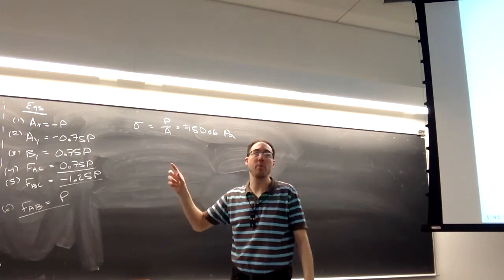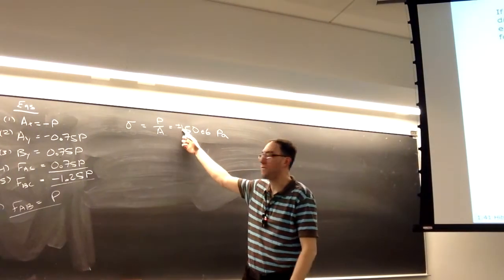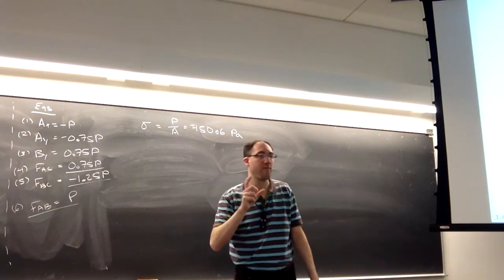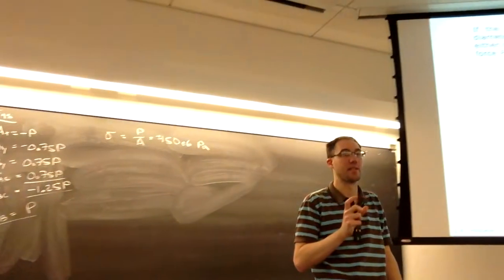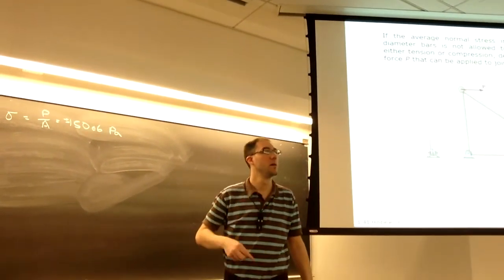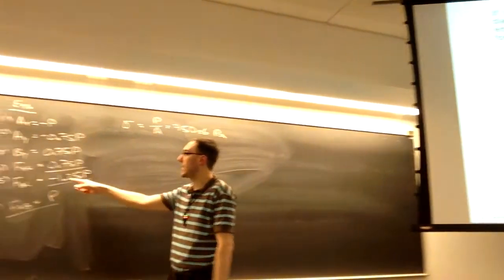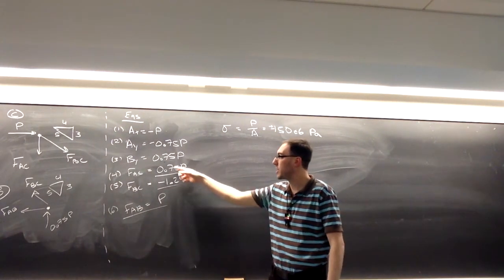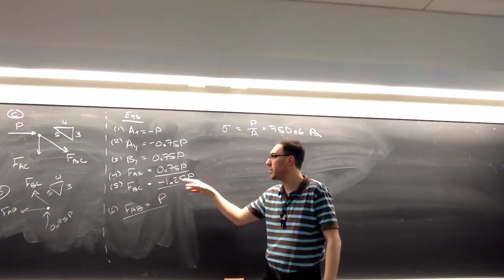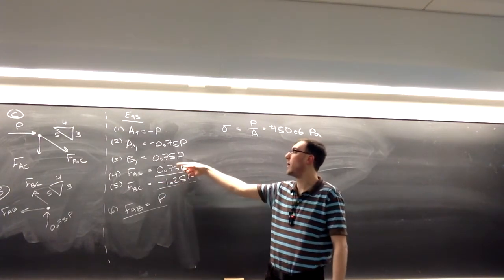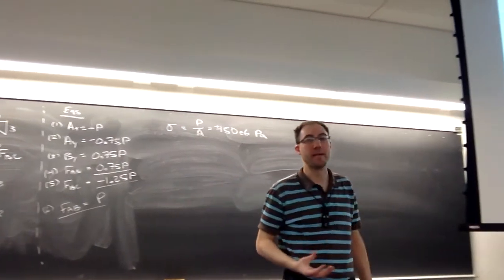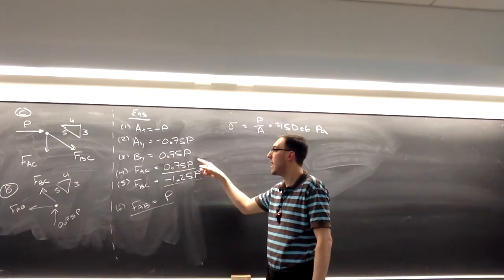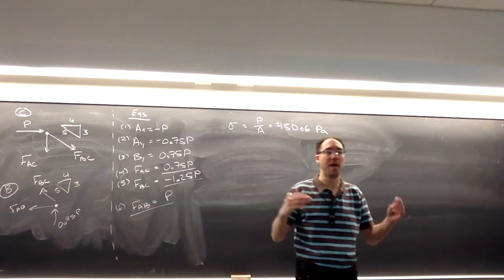We might see problems where they don't, and you really do have to do this one for each member. But since they all have the same area, which one member is the only one we really have to test? FBC is the only one because it has the most in absolute terms. These two are in tension, this one's in compression, but it's 1.25 versus 1 versus 0.75. So if BC is just on the limit of reaching its maximum, FAC and FAB are going to be below that maximum.